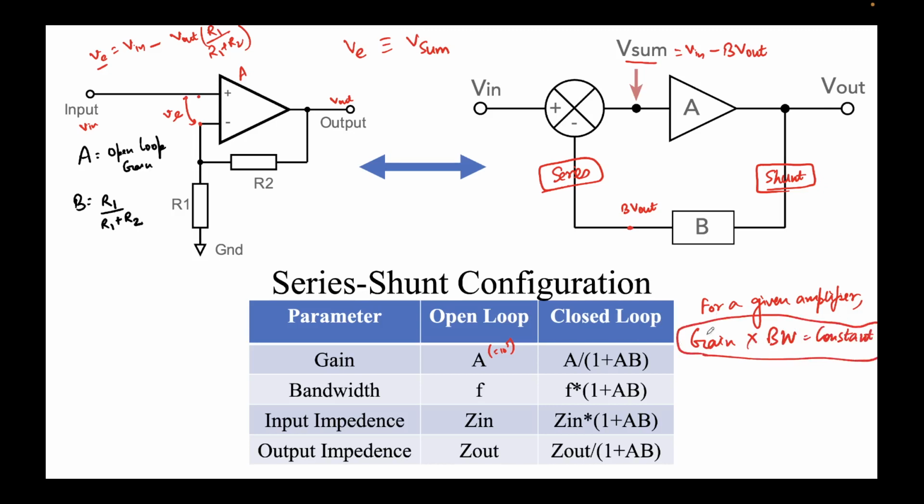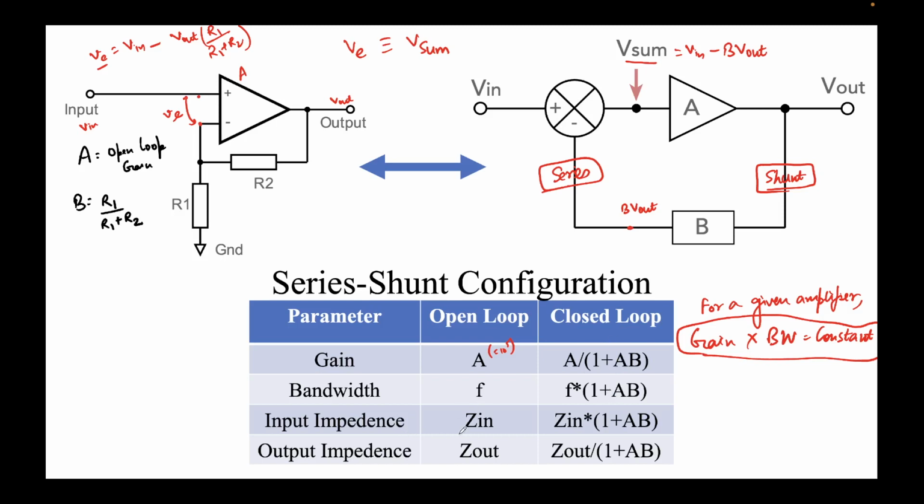So if the gain is reducing when we go from open loop to closed loop, correspondingly the bandwidth will increase, which is happening. Note that the gain-bandwidth product would be A times F, because the 1 plus AB will get cancelled out in the numerator and denominator, right?